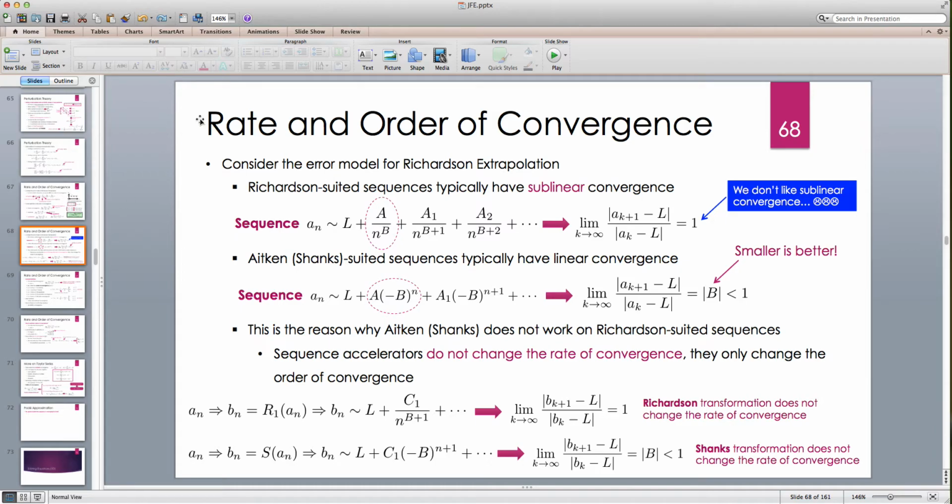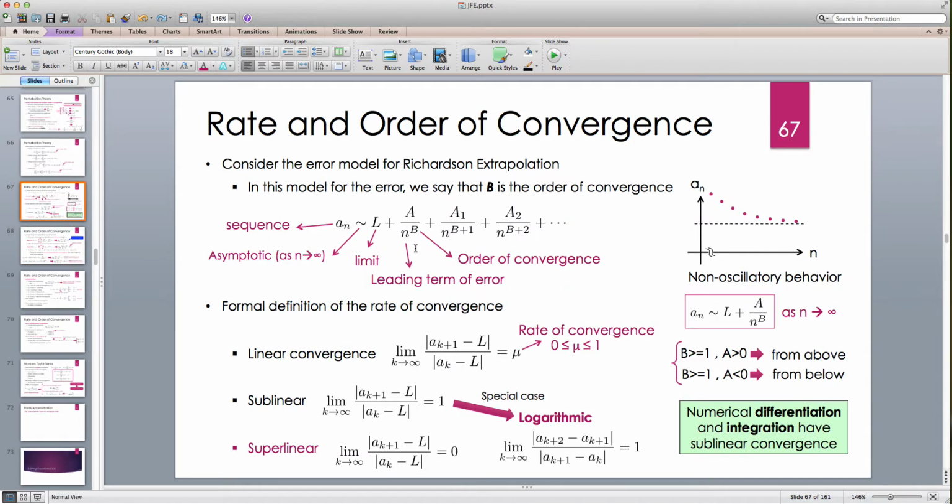Okay, so we said that Richardson acceleration or Richardson transformation is suited for sequences that have this kind of behavior, 1 over n to the b. If you start with this behavior, L plus a over n to the b, and put it here, we see that this fraction is basically n to the b over (n+1) to the b as n goes to infinity, which is basically 1, right?